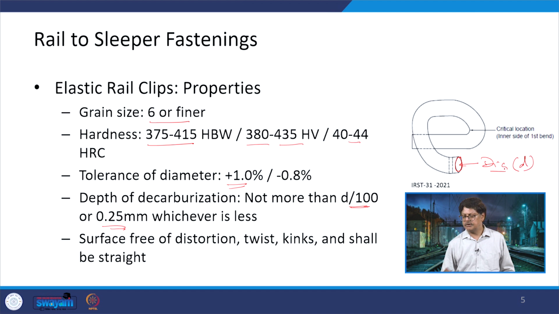The surface should be free of any distortions, any twist, kinks, and it should be straight. Whatever surface is being used, there should not be any problems with it. It should be manufactured as required for the given design.